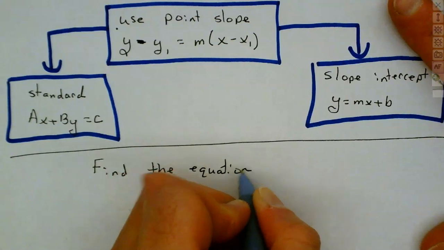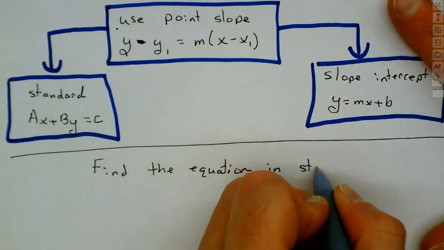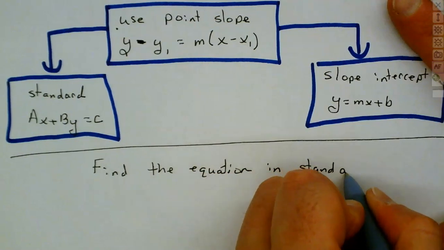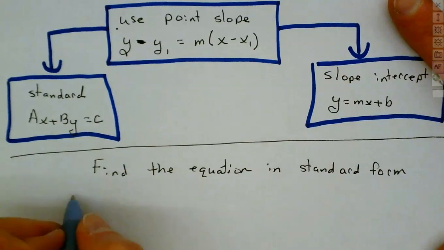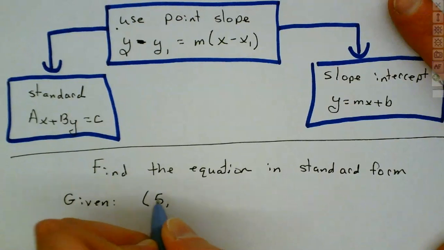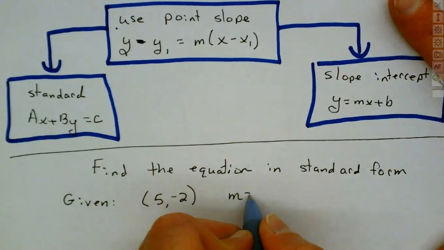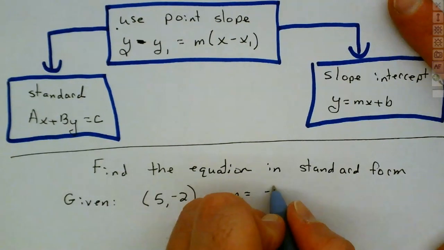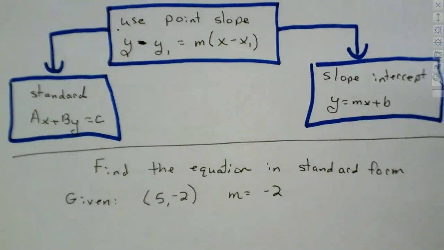So we're going to try to find the equation in, let's do this one, standard form. And you're going to be given a point and a slope. So I'll give you a moment to think about what we have.